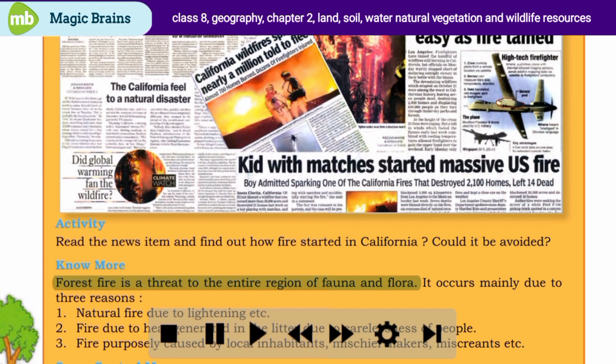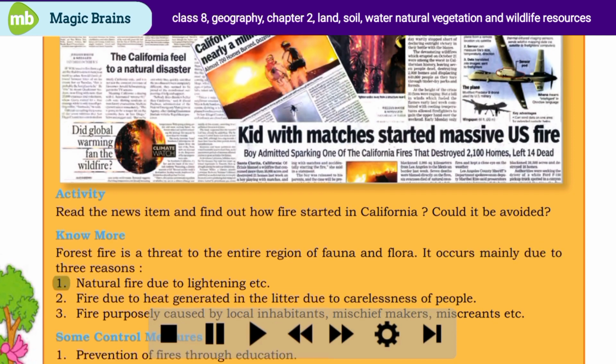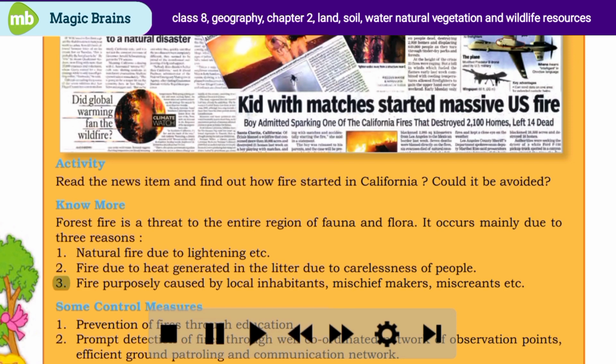Forest fire is a threat to the entire region of fauna and flora. It occurs mainly due to three reasons. Number 1. Natural fire due to lightning, etc. Number 2. Fire due to heat generated in the litter due to carelessness of people. Number 3.